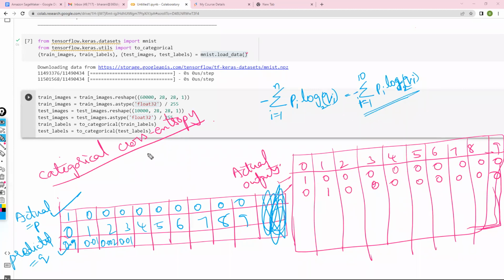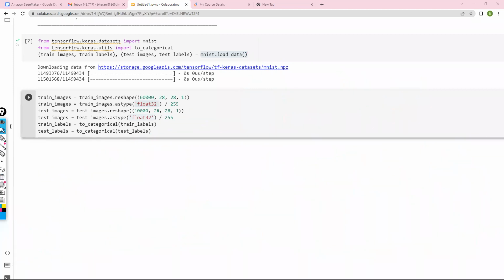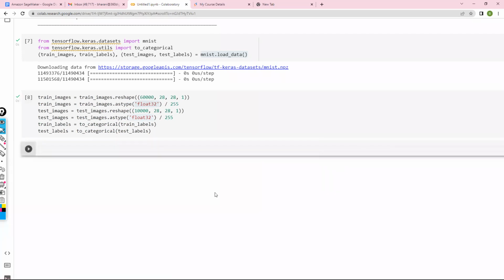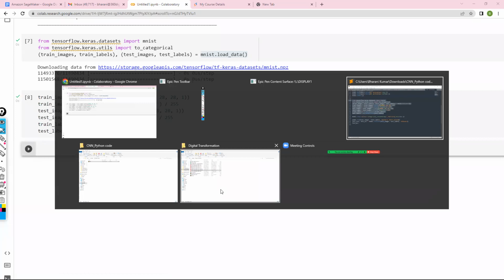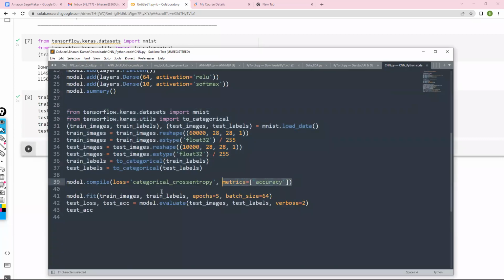But to calculate cross entropy, I need the actual output to be in this format, 1, 0, 0 format, one hot encoded format. Only then can we apply this formula. Hence, we are converting the labels, which are nothing but target variables or output variables, into categorical format. Done. And then we run this. And now we are compiling the model.